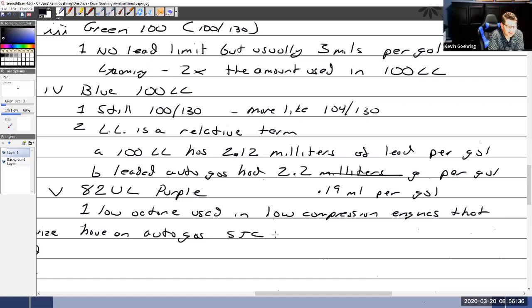To get this STC, you send this guy a check, and I don't know how much it is. What he sends you back in return are 2 stickers, a little band and a piece of paper. The paper says you paid your money. The sticker says this aircraft is approved for use on autogas. And the little band is something you put around the filler neck, like I've seen on oil filler necks. It just says STC, that you've paid your money and can put autogas in.